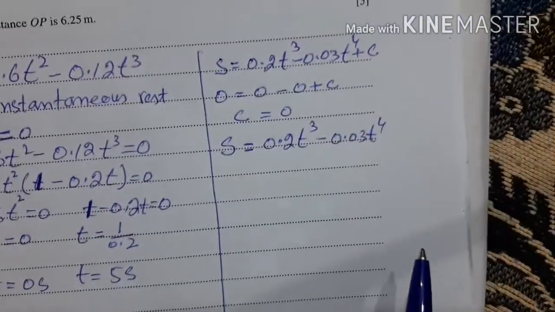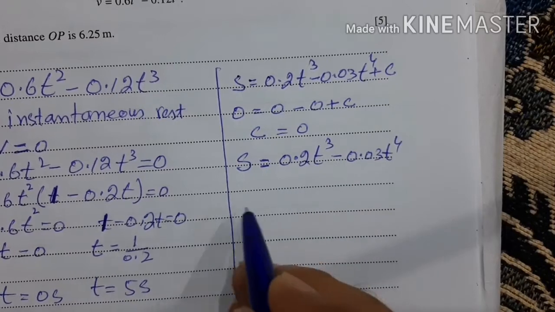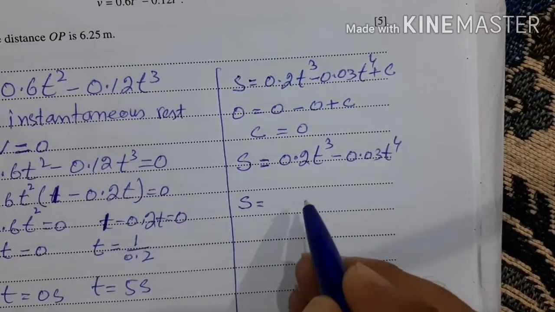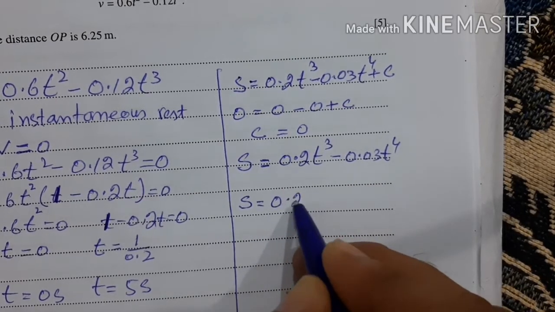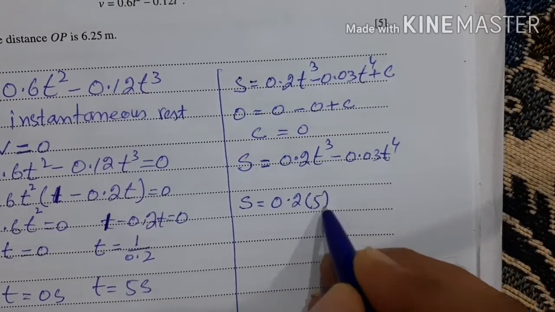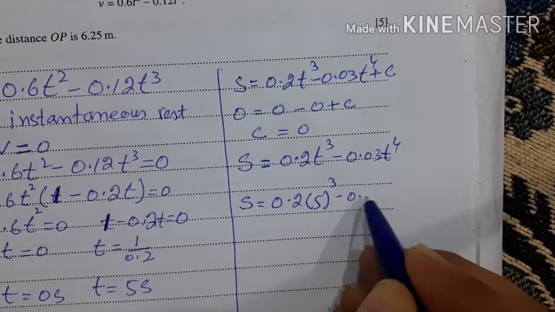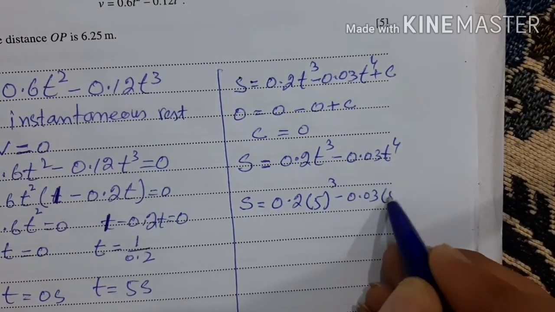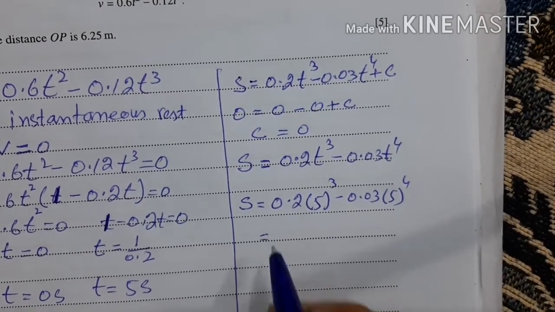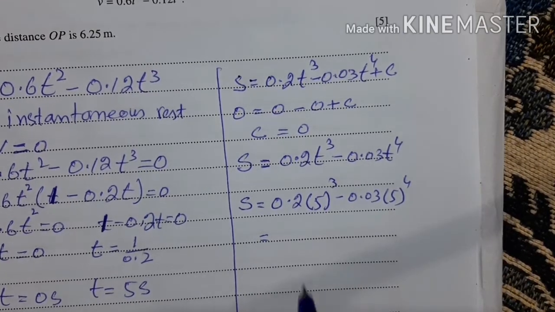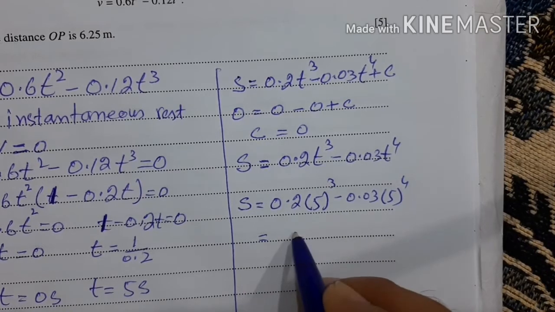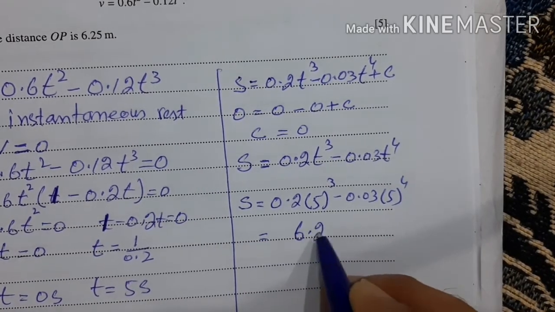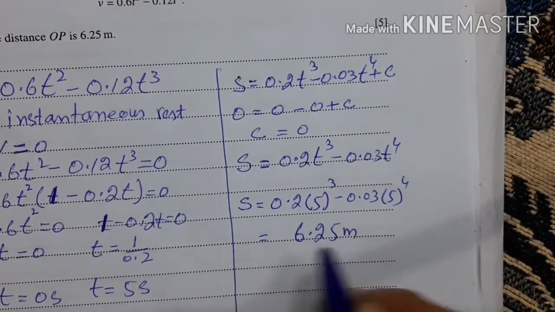So I will put the time 5 here, so that I can get the distance from O to P. This will be 0.2 into 5 cubed minus 0.03 into 5 to the power 4. So by the calculator, when you solve, you will get the answer as 6.25 meters.